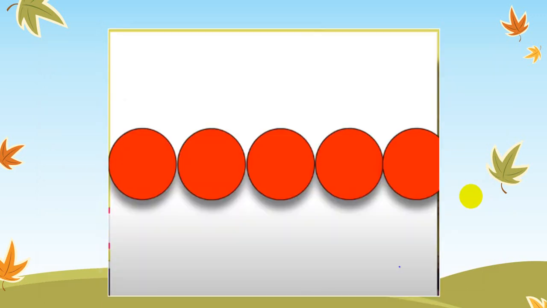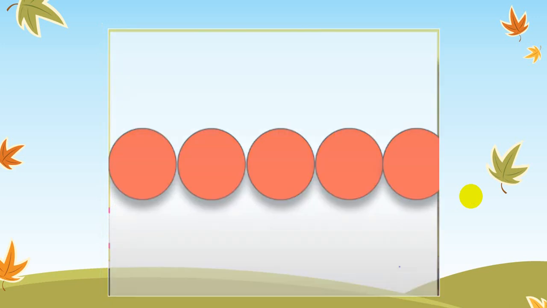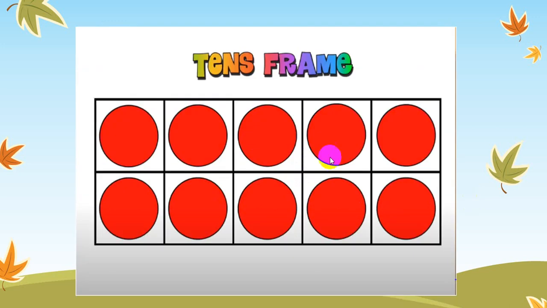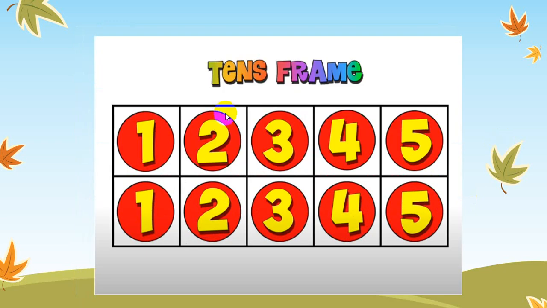Then I'll add 5 more counters on the bottom. If I have 5 on the top, then it must be 5 on the bottom to make double of 5. Yes, same amount, 1, 2, 3, 4, 5 and 1, 2, 3, 4, 5.